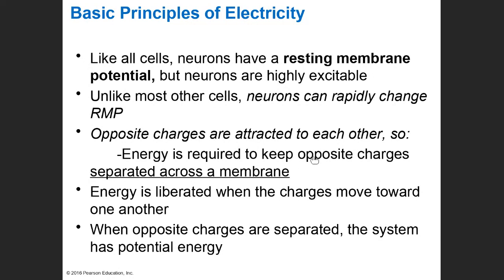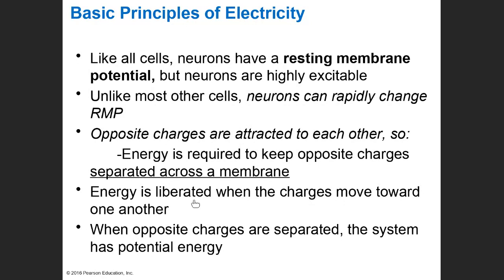Let's say, for example, you have a lot of negative ions inside of the cell versus a lot of positive charges outside of the cell. Those charges, being opposite, are naturally going to try to come towards each other. So in excitable cells, a level of energy is required to keep these ions from moving towards each other, and these opposite charges are separated by the plasma membrane.